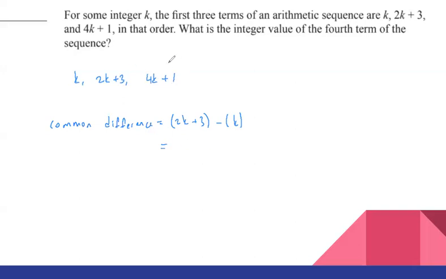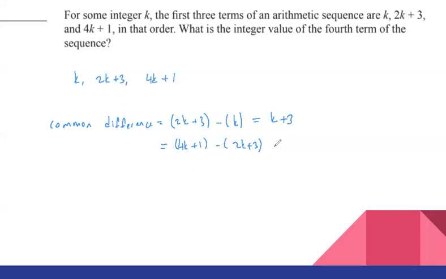Or I can do the third term minus the second term, which is going to be 4k plus 1 minus 2k plus 3. I'm doing this because both of these differences should be the same thing, because that is going to be my common difference. So if I simplify this part, 2k plus 3 minus k, 2k minus k is just k, and then you have plus 3. And this is my common difference.